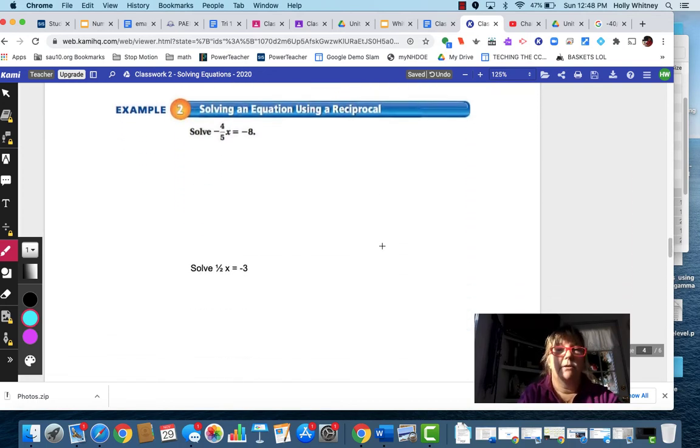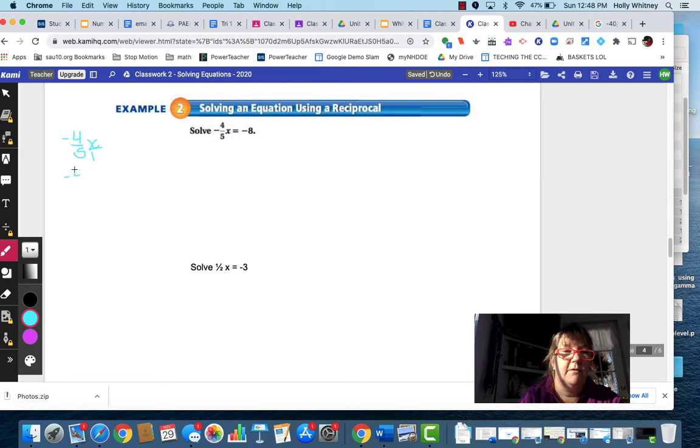Okay, so now let's talk about a fraction as a coefficient. Let's talk about what -4/5 x means. It really means -4 times x divided by 5, because x we treat as x over 1.